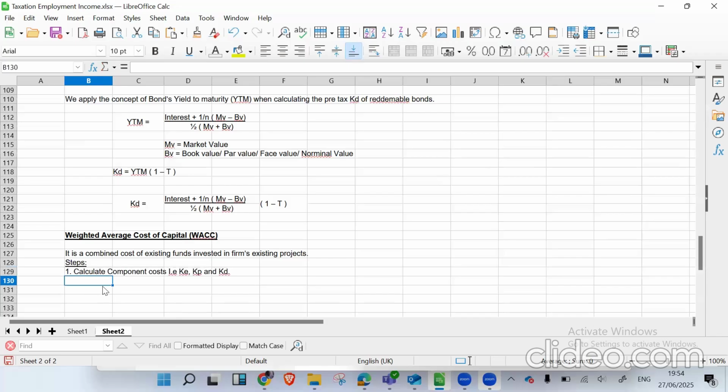Calculate the component cost, that is KE, KP, and KD. Hizo tumeona vile tunazicalculate hapo juu.